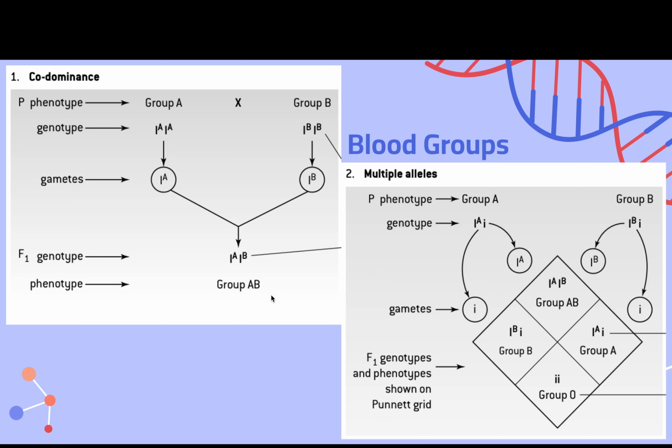So when we have a heterozygous group A and a heterozygous group B parent, and they have IAi and IBi, they will have gametes with IA or gametes with i, and group B will have gametes with IB or gametes with i, and these coming into a cross in the Punnett square will result in either group AB, group B, group A, or group O. So this is a situation where there are 4 different phenotypes and 4 different genotypes all present, and each combination of the gametes will result in a different outcome.